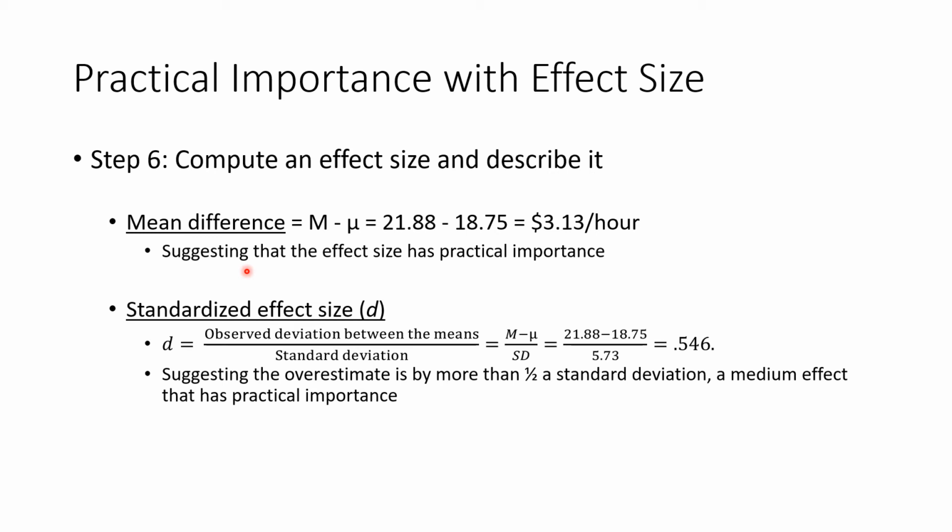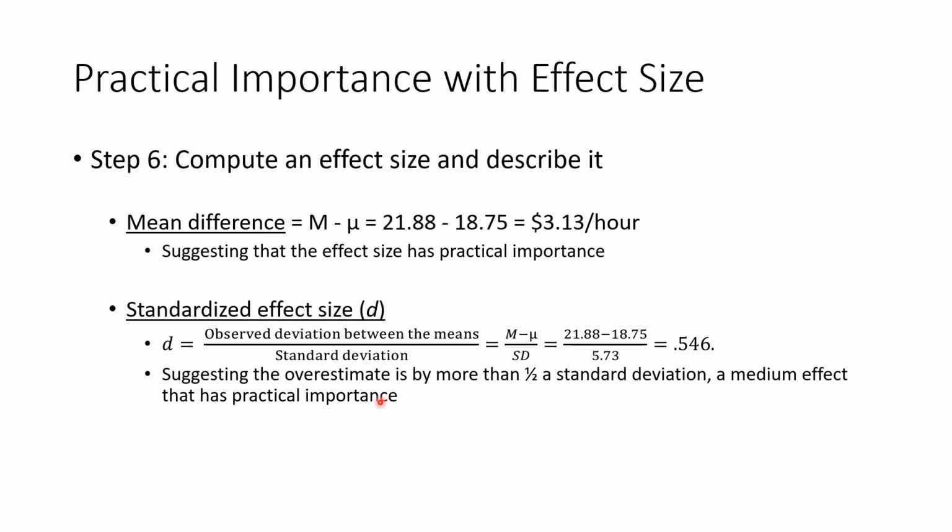So the mean difference is often a very useful way of thinking about the effect size. It's likely that a mean difference of $3.13 an hour is going to have practical importance for the population. So students are overestimating by that much. That's a pretty large effect.